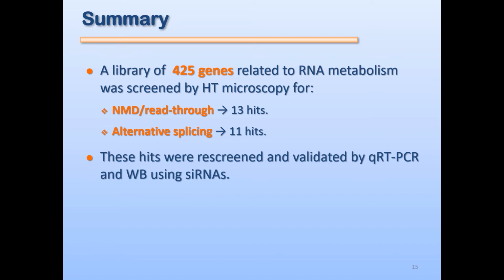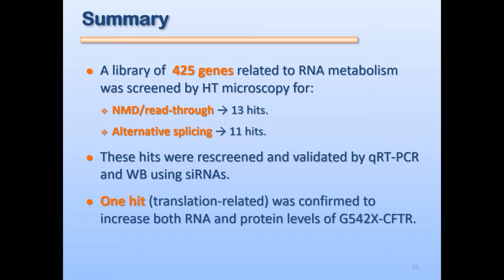And these 24 hits were rescreened and validated by qRT-PCR and Western blot using siRNAs. At least one of the hits was consistent in both qRT-PCR and Western blot in increasing the RNA and protein levels, although the protein is truncated, resulting from the G542X mutation.